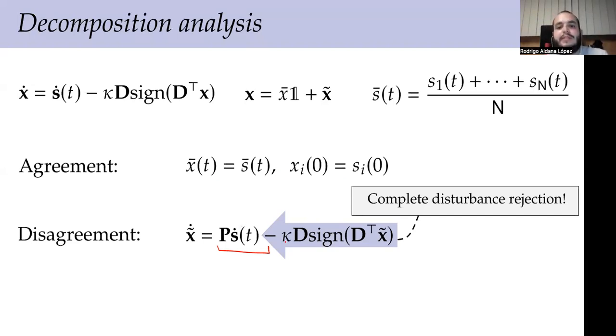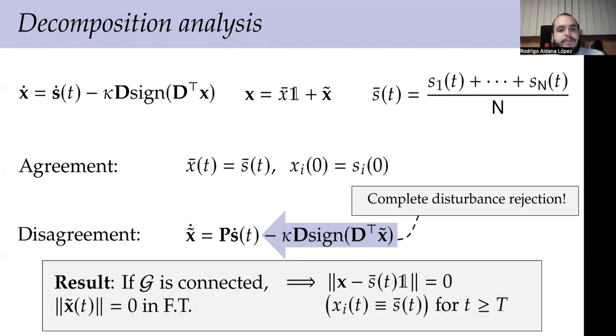We can pick this kappa sufficiently big, and you can compute exactly how much it has to be in order to have a complete disturbance rejection, okay? So if the graph is connected, you can show that the disagreement goes to zero, okay? Exactly in finite time. And this means that xi is exactly the average signal after some finite time.